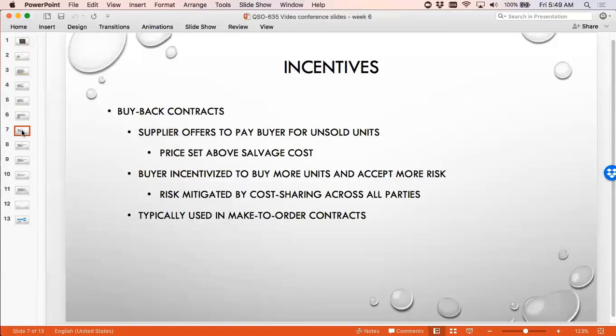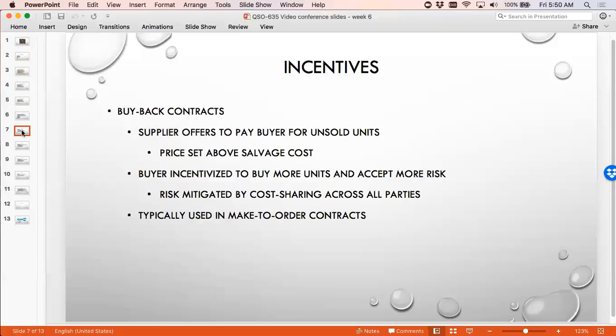So let's say that the salvage cost is $10. They'll say, look, for any products that you cannot sell up to 1,000, we will pay you $11 for each one. So now, what you're going to find out with these calculations is you basically shift profit from the supplier to the buyer up to that 900 point.